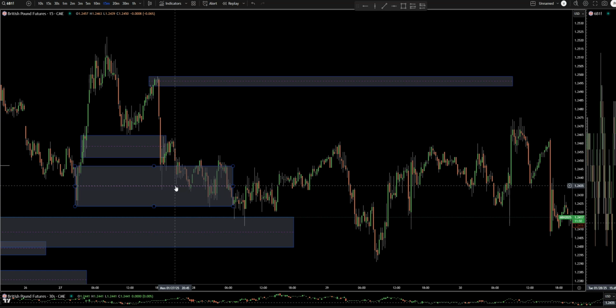Now, I've said it before, I'm not a huge RR guy where I'm trying to swing for 10 RR and things of that nature. I'm more of a 1.5 to 2.5 pretty consistently. The data on my funded account right now says my average risk reward is 1.83.